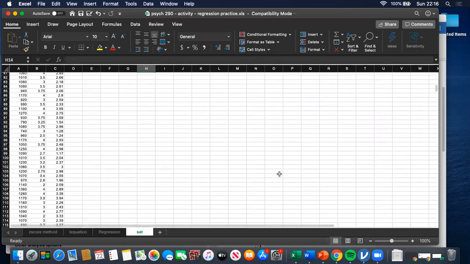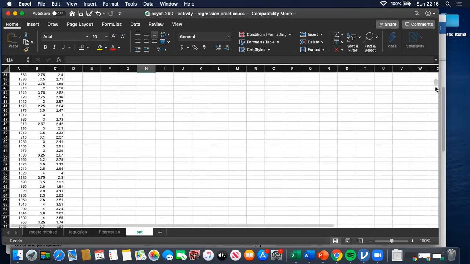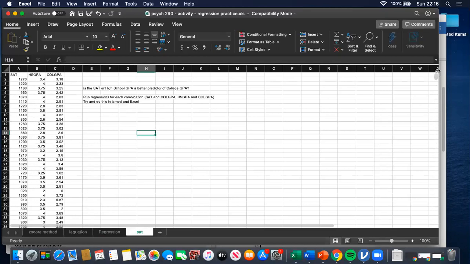And then the second data set is a huge one. So you'll notice hundreds of subjects in this case, right? Big data set, so you should expect some really nice small confidence intervals on this one. But the big question here is whether SAT scores or high school GPA is a better predictor of college GPA, right?